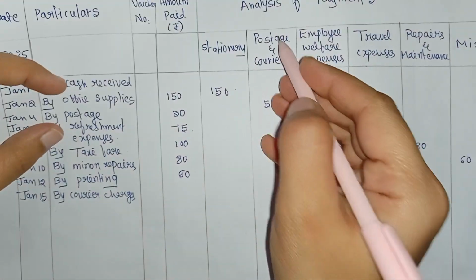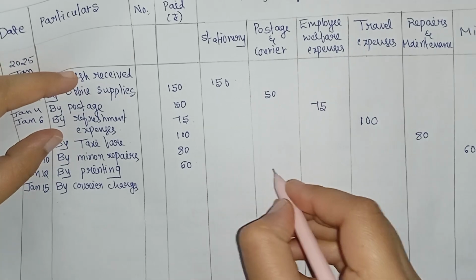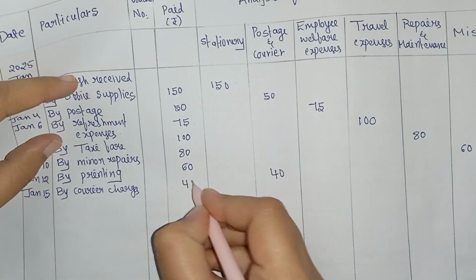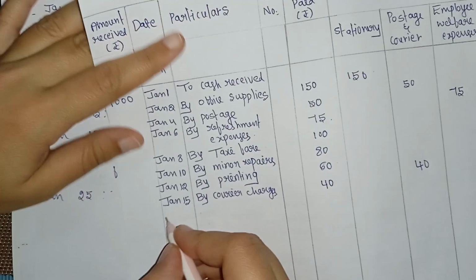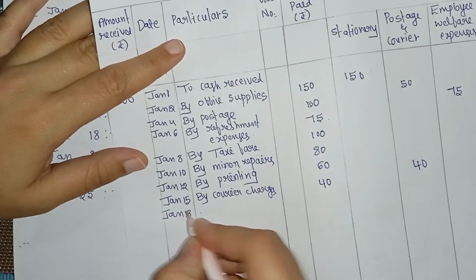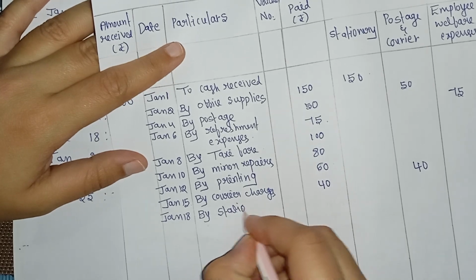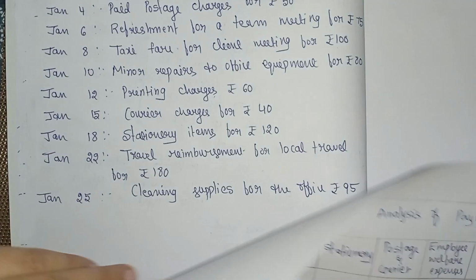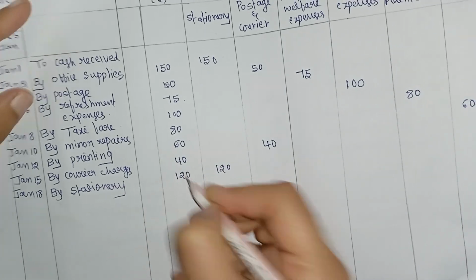Courier charges comes under postage and courier category. Rupees 40, total amount 40. Next one, stationery items for rupees 120. January 18. Stationery falls under stationery category only. By stationery rupees 120, total amount 120.